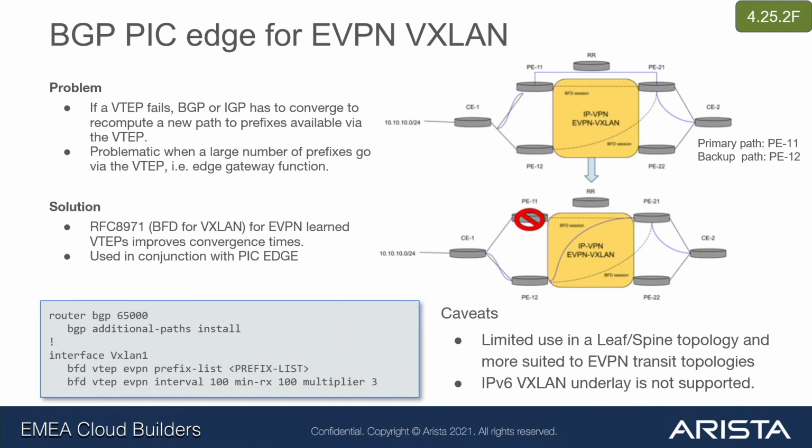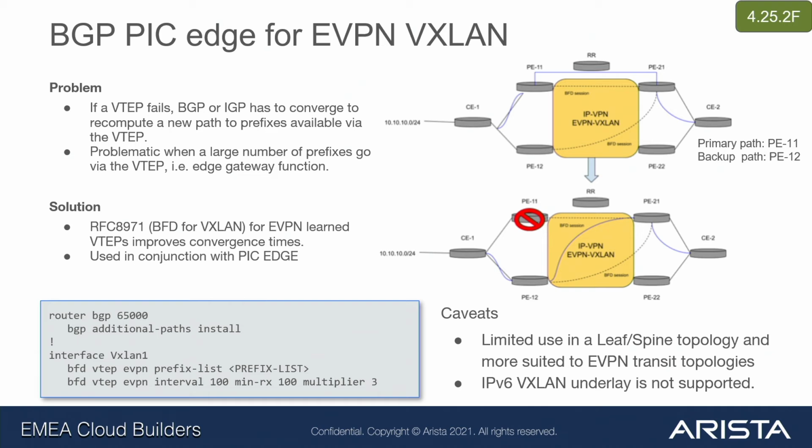If the BGP peering goes down, or BFD detects that the VTEP has gone away, we have already programmed within the FIB, within the hardware table, a backup path, which means that when that entry disappears, we immediately start forwarding on the backup path without dropping a single frame. So it will go, right, backup path is there, next frame sent to the backup entry within the hardware, and we're able to get around that failure.